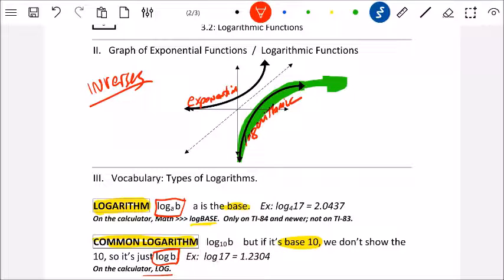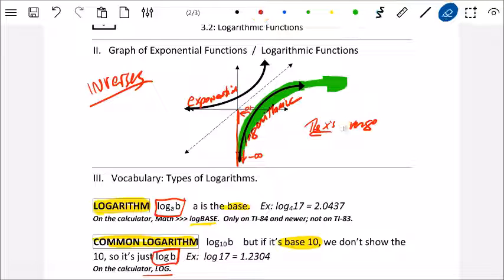This going down here, we are going down to negative infinity, but as we keep going over, we're getting over to 0 from the positive side, and then it stops. So it never is going to cross that. That line's an asymptote. That means the x's going that way never go less than 0.